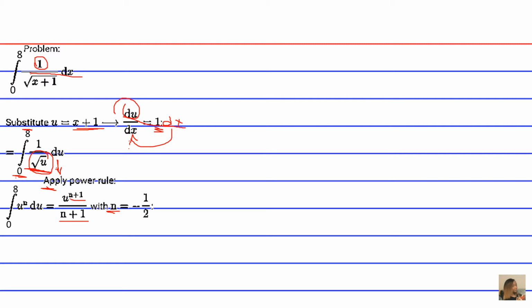So if you divide radical u by 1/2, you're actually doing the reverse function, and you're going to be multiplying by 2. Because whenever you divide a number by a fraction, you're multiplying by the reciprocal of that number, okay?